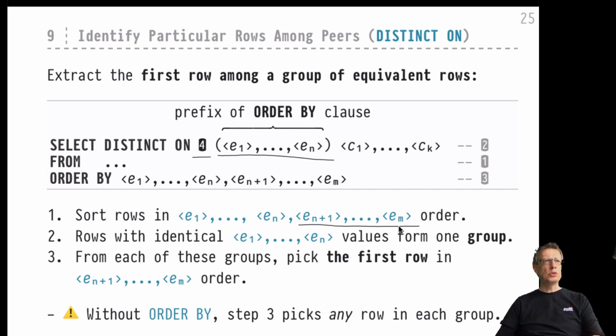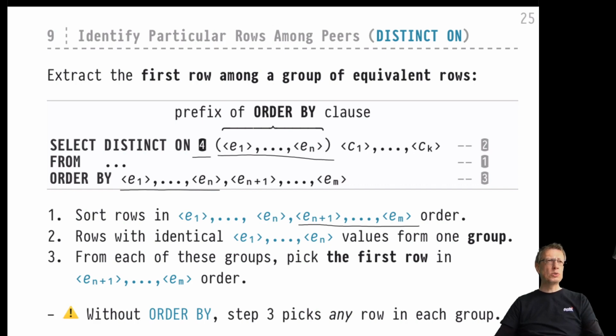Okay, so you see, the distinct on clause only makes sense if the prefix of sorting criteria, these first n sorting criteria, and the list of sorting criteria attached to distinct on here, if these agree. Only then the whole setup makes sense. Only then we can use distinct on to pick representatives among a group of equivalent rows.